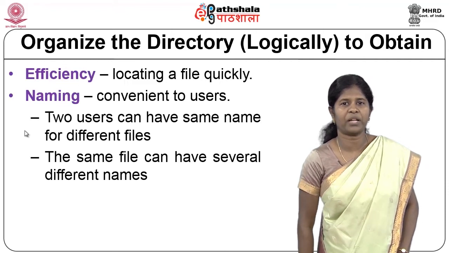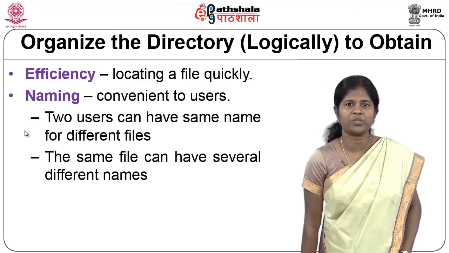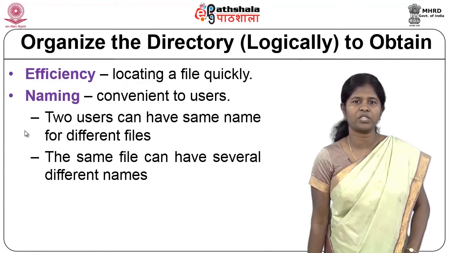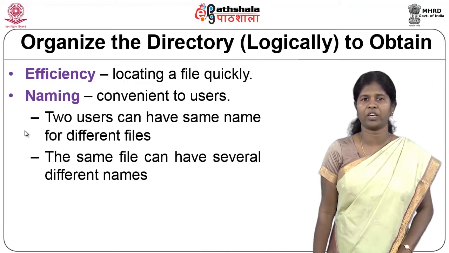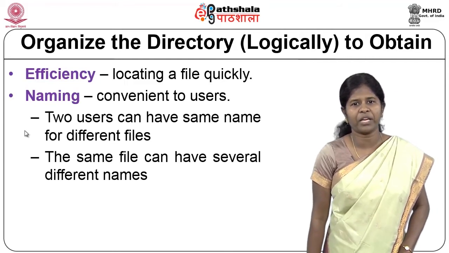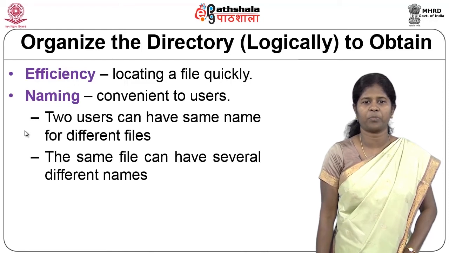That should not be allowed. Two different files should not be given the same name. And it is also possible that the same file can have several different names depending on who is using the file and so on. So, this naming convention has to be taken care of to organize the directory properly.